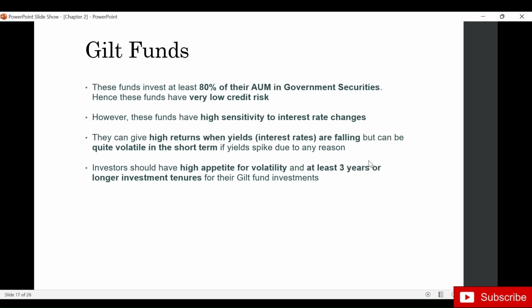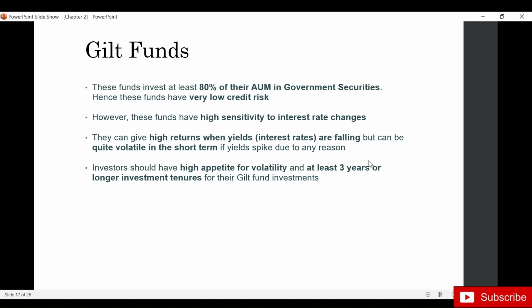We now move on to the next category of debt funds, which are gilt funds. Gilt funds invest at least 80% of their assets under management in government securities. Since they are investing in government securities, these funds are very safe and have a very low credit risk. But a major drawback of this fund is that they have a high sensitivity to interest rate changes.